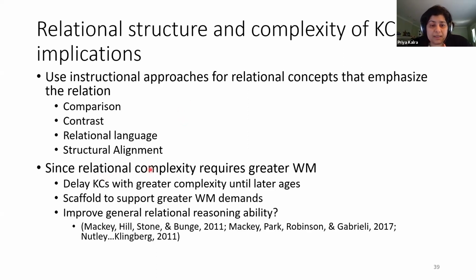Regarding relational complexity, and since we know that it's related to working memory, what can we do, having identified the relational complexity of different knowledge components? Well, one thing is you could consider delaying more relationally complex knowledge components until later grades, when those frontal lobes have had a little more chance to mature. Or you can scaffold to support greater working memory demand.